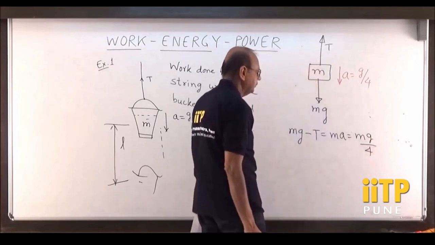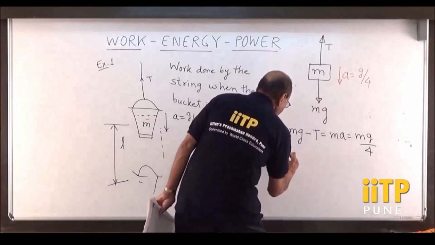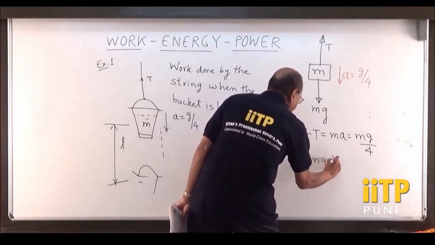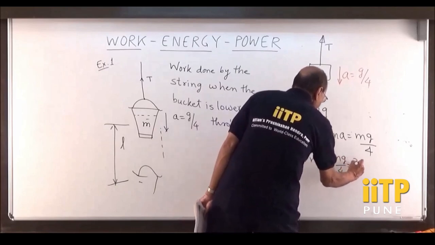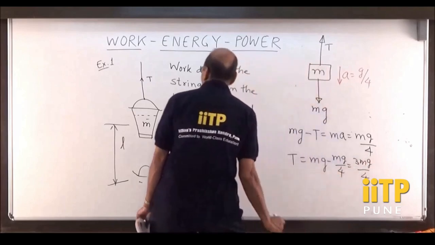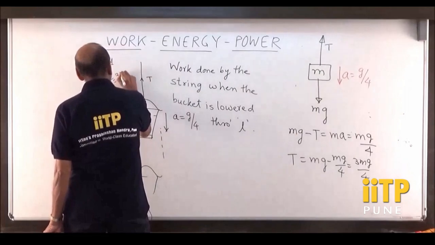So T is equal to mg minus mg by 4, which is equal to 3 mg by 4.